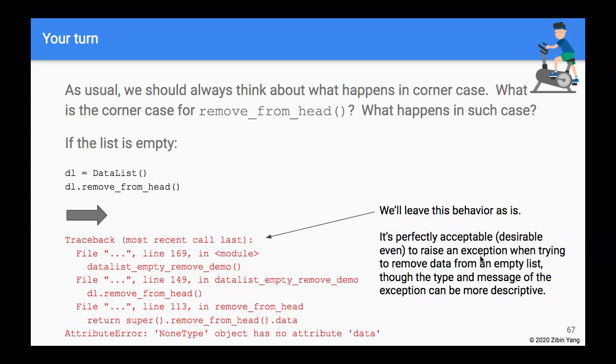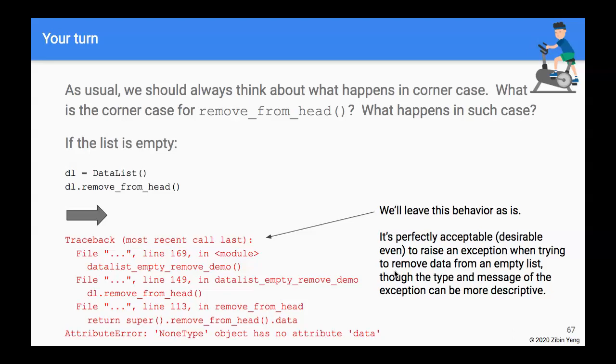Raising the exception is a way of telling the client that something went wrong. The only problem with leaving it this way is that "NoneType object has no attribute data" is a little cryptic error message. So we can do better. We can give a more descriptive error message, but the end result is the same: an exception is raised when we're trying to remove from an empty linked list.